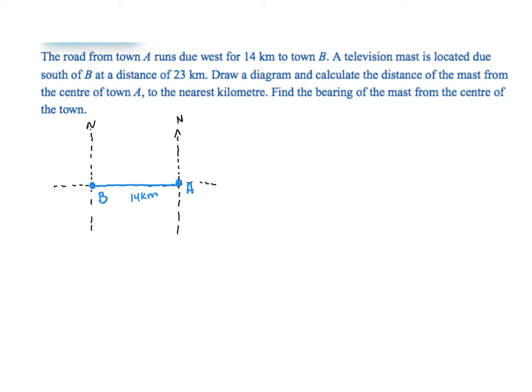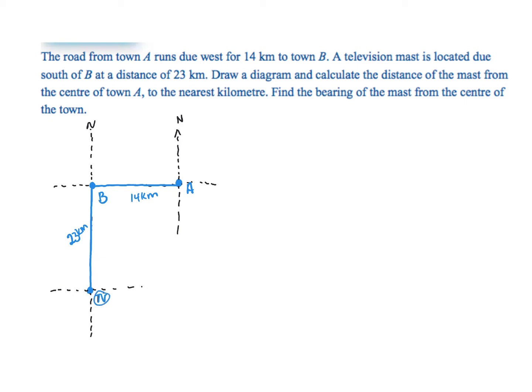So I'm going south along the B, and because it's 23, just try to draw it a little bit bigger than the 14 kilometers, because sometimes even though you're doing a sketch, if you're a little bit off, it can deceive you. So I'm going to do that, and I'm going to do my compass so that I can understand where that is on the due south line. And I'm just going to put that's the TV mast.